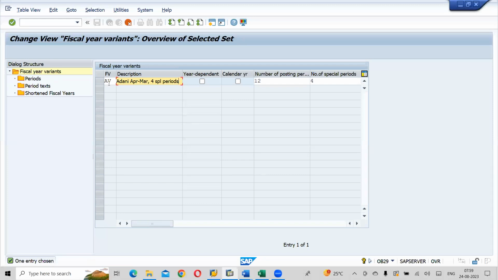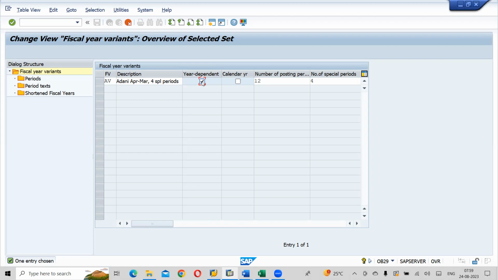No. If I select year dependent, then this is applicable for the 2023 fiscal year only. If I remove this, next year we need not do this activity again. Automatically, whenever it moves to the next year, it moves to the next fiscal year. If we select it, it is applicable only for that particular fiscal year.